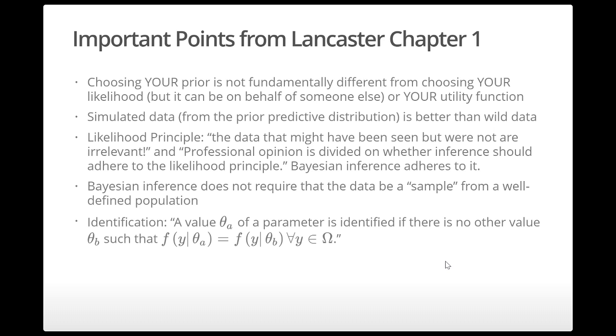Another important point, for understanding things and for verifying that your algorithm works: simulated data from the prior predictive distribution is much more useful for that purpose than data that you collect from the wild. Data that you collect from the wild might not work well because the model doesn't actually apply to those data. So for checking things and for understanding things, it's good to simulate data from the model, so you don't have this gap between what your model is modeling and reality.